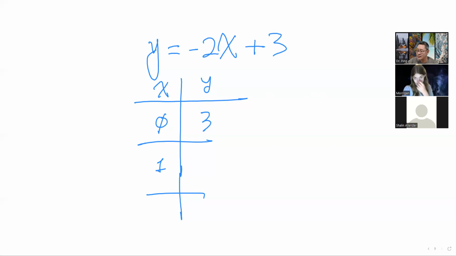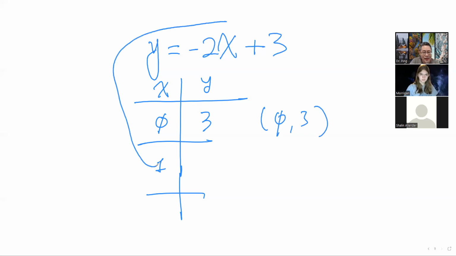Well, the first one is 0, comma 3. And the second one is when x is 1, -2 times 1 is -2, plus 3, so it's 1. So it's 1, comma 1. Good? Got it. Okay.